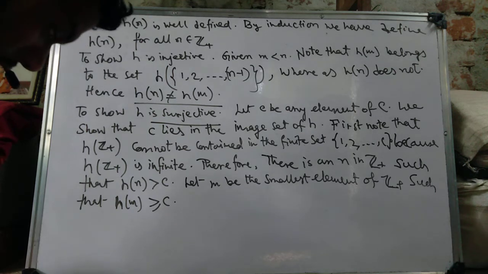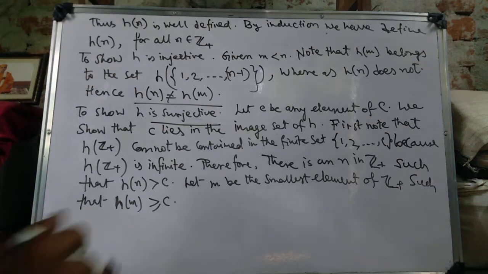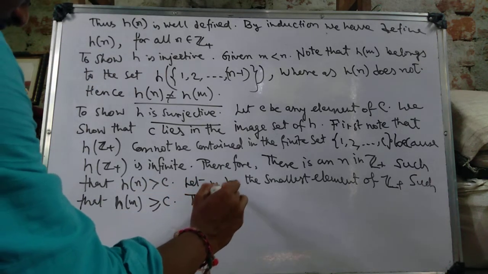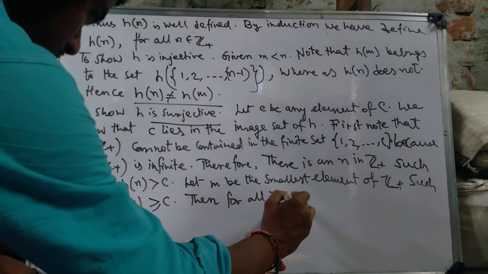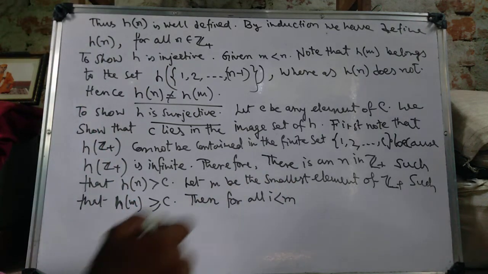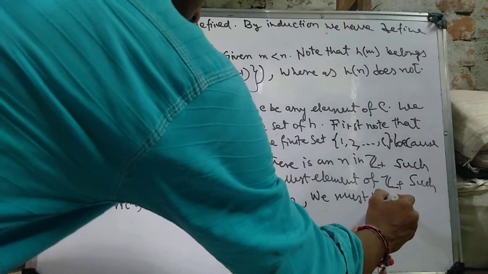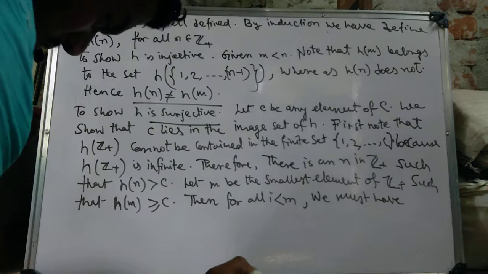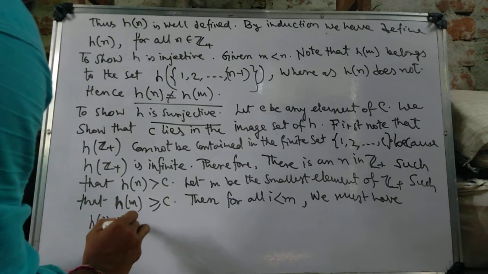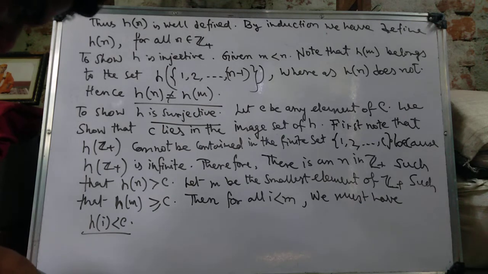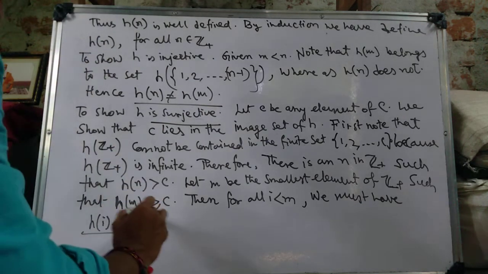Then for all i less than m, we must have h(i) less than c. Thus c does not belong to the set {h(1), ..., h(m−1)}.